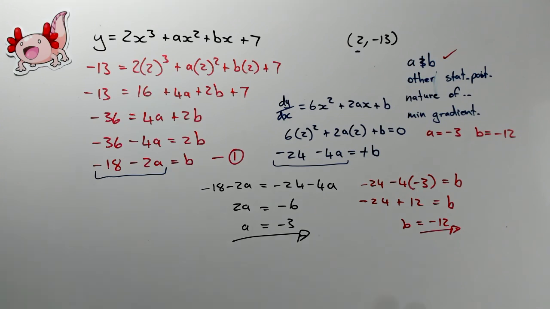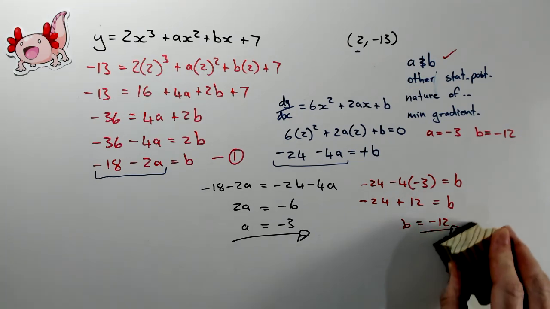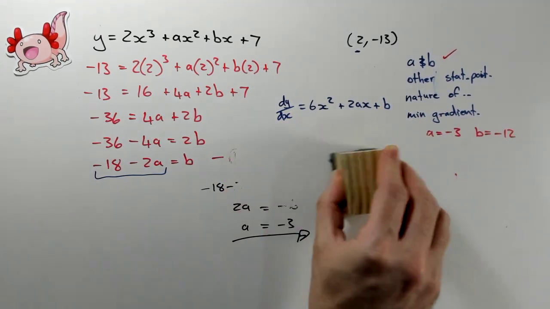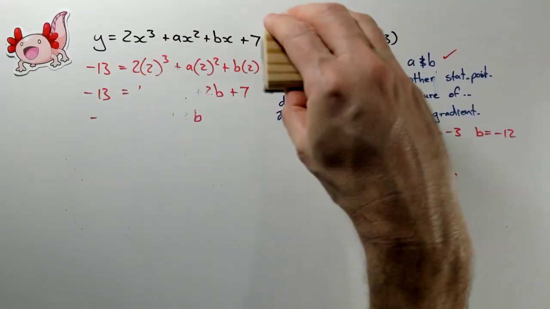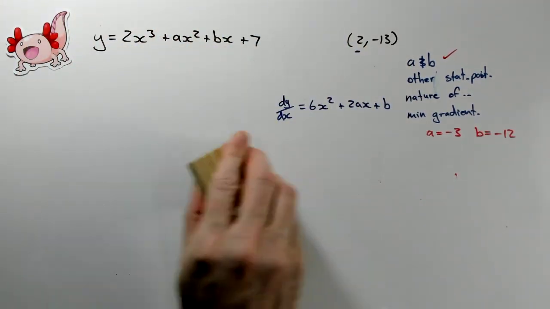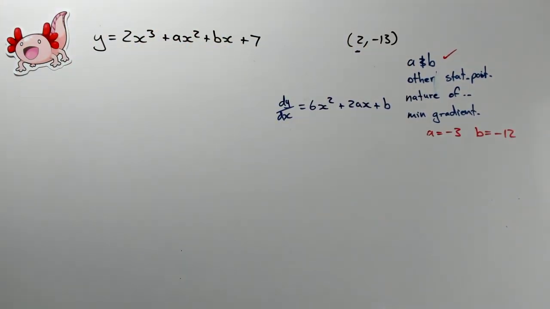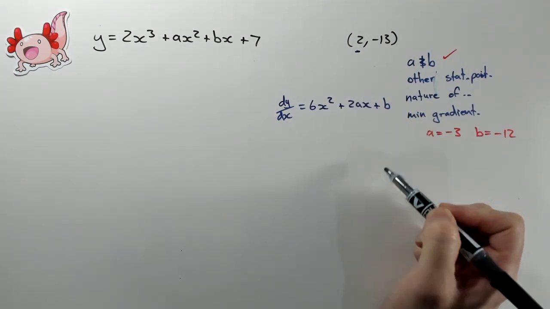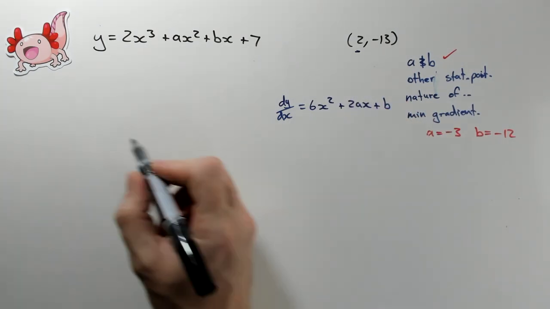Let's do the next part, other stationary point. Okay, I'm not going to take the derivative part out because we're going to use that right now. This part I can do. Now it's interesting, they say the other stationary point, so let's just quickly put in the A and the B here. I'm going to write it here.